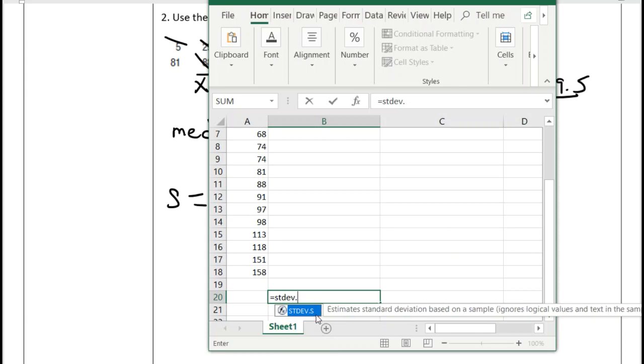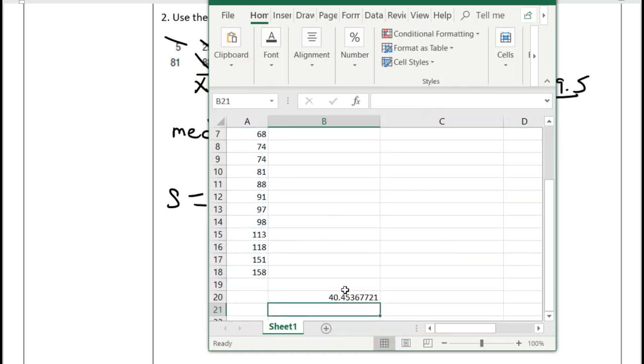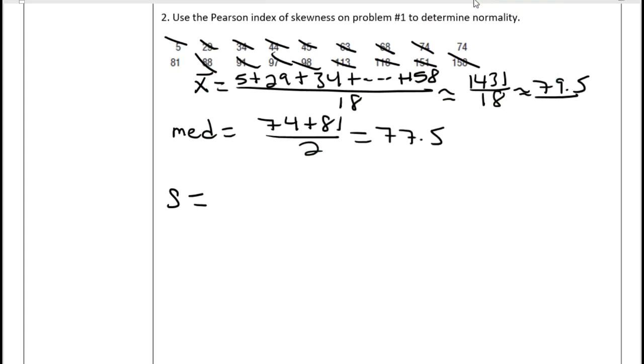P would mean population, but I want the sample standard deviation. Then in parentheses I select all the numbers I just typed into Excel, and press enter, and that gives me my standard deviation. Such a quick way of doing it instead of the long way, because the calculation is very tedious. So we got 40.45 as our standard deviation.